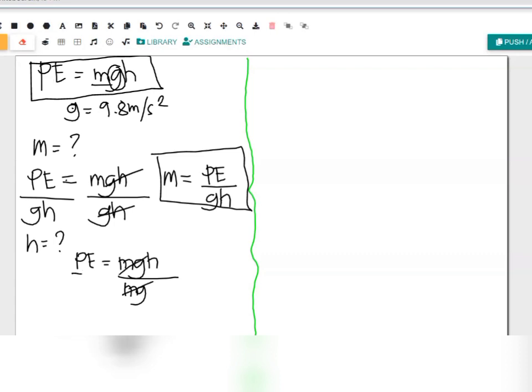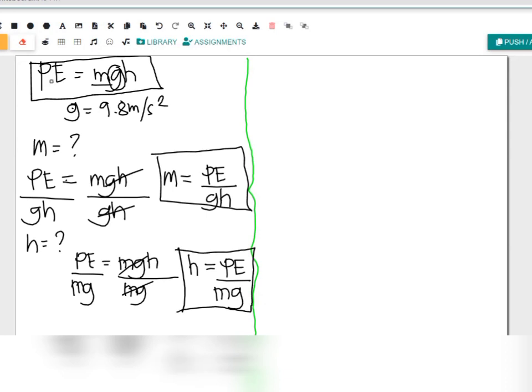Pero hindi sila maglalaho. Ilipat nyo sila sa kabilang side. And then, let's try to the right. Height. Yan. Potential energy divided by the product of mass and acceleration due to gravity. So, ayan. Meron na tayong tatlong formula.